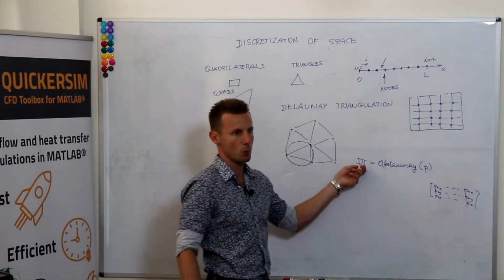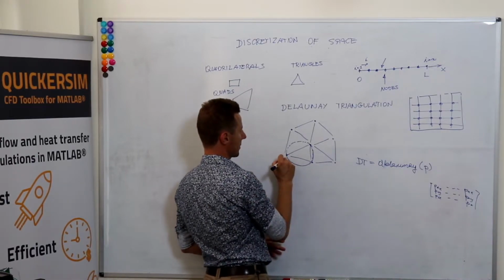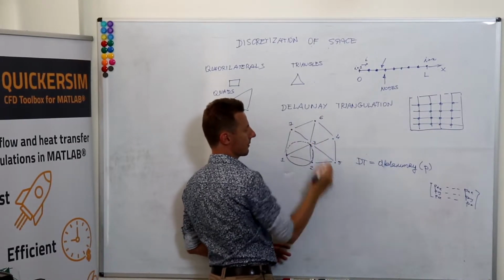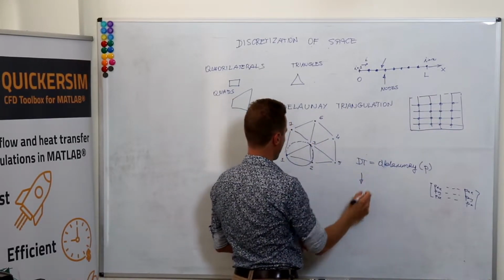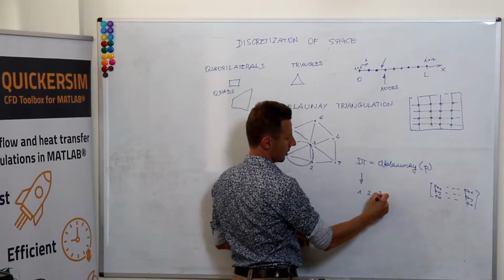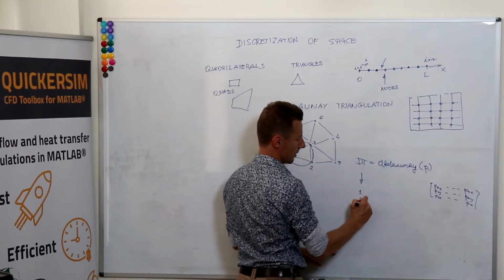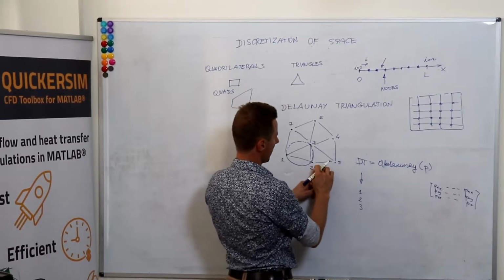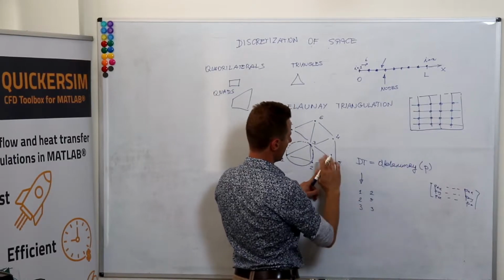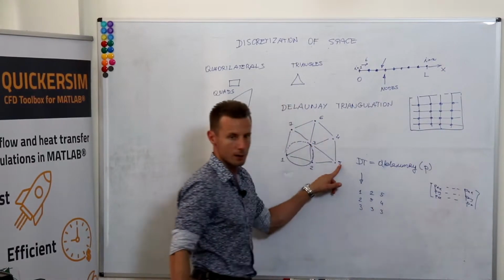And what will it return? Obviously your points have got some numbers, 1, 2, 3, 4, 5, 6, 7. So this one should return a matrix like 1, 2, 3. No, columns represent. Yeah. 1, 2, 3, then let's say 2, 5, 3, 5, 4, 3.